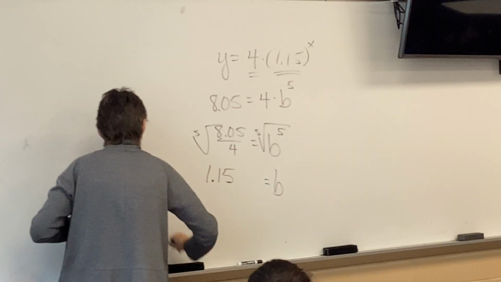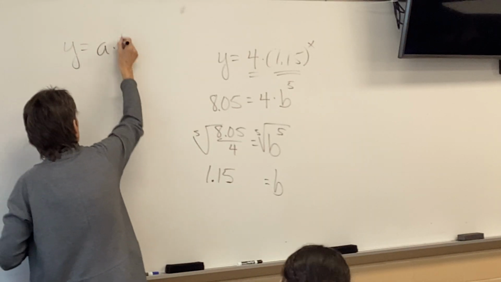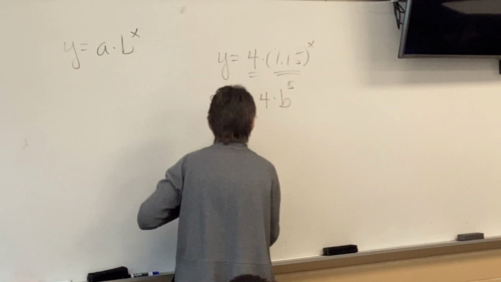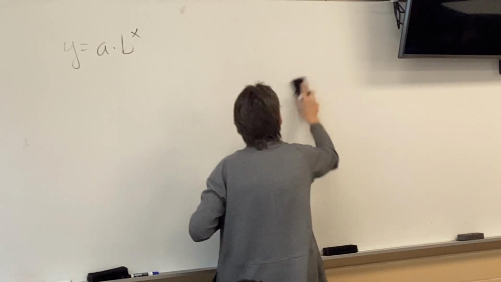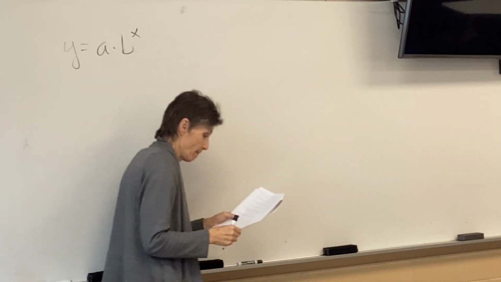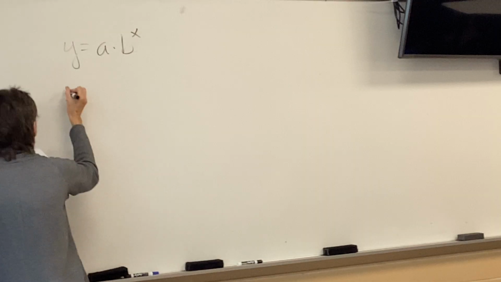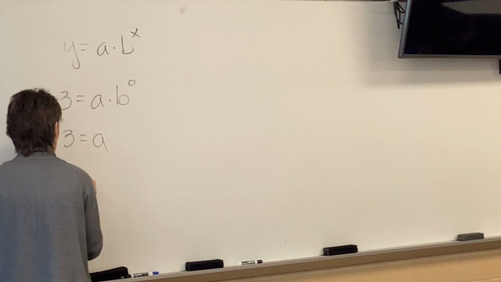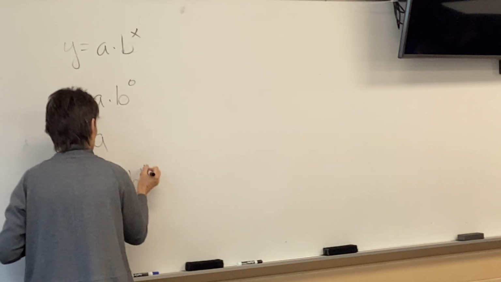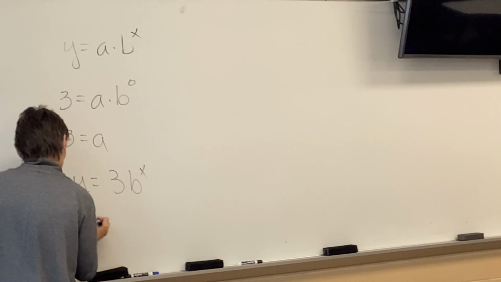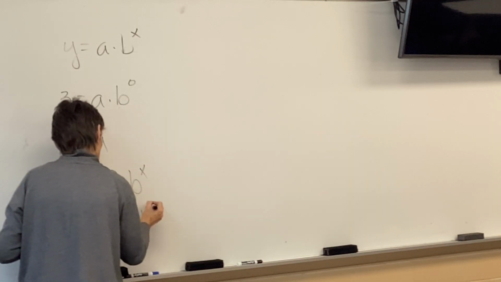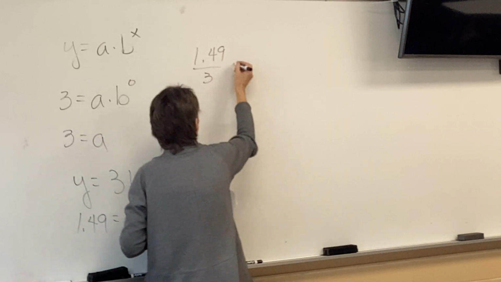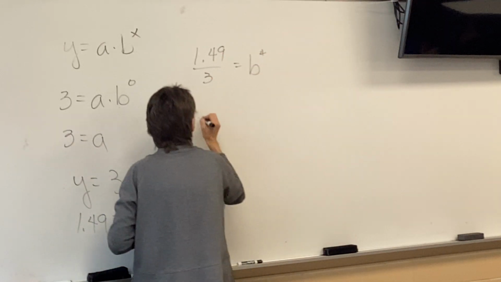You are coming up with an A and a B so that you can write your equation. 0.83, 0.84.